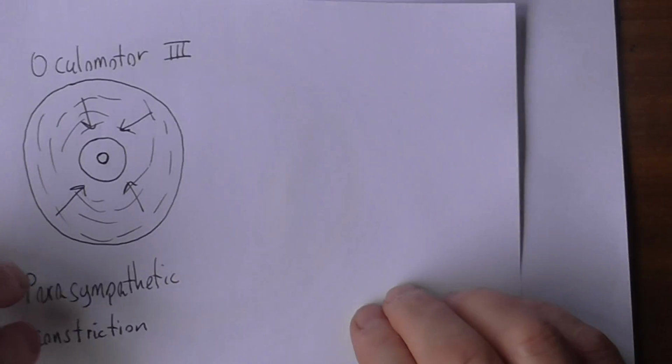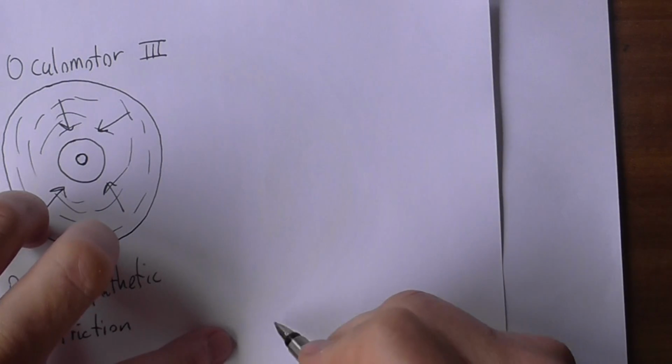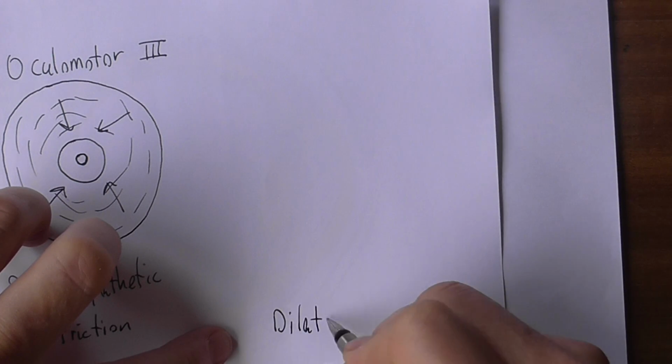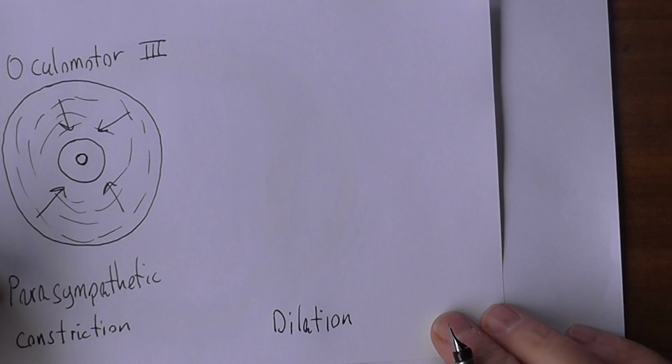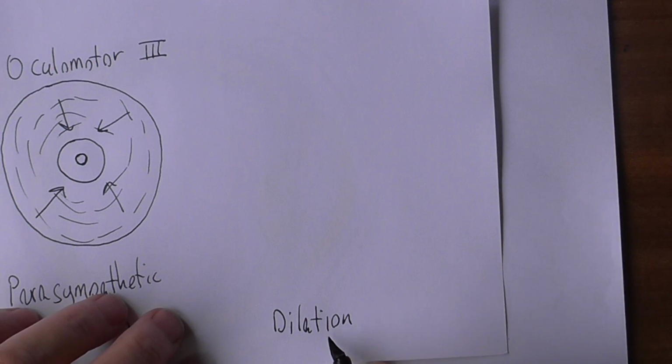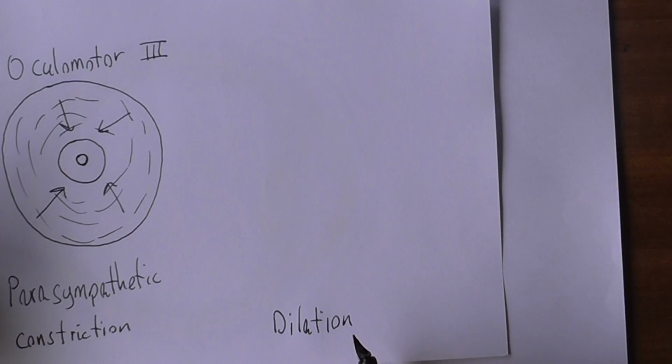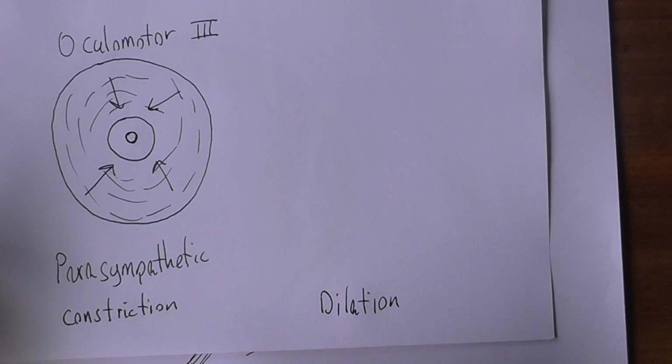Now the converse of constriction, of course, is pupil dilation. The pupils can also dilate. So when we go into a dark room, the pupils will dilate to let more light in. Just the same as when we're in bright sunlight, the pupils will naturally constrict to let less light in, to control the amount of light going into the eyes. Now, pupil dilation is brought about by contraction of radial fibres, called dilator pupillae muscles.